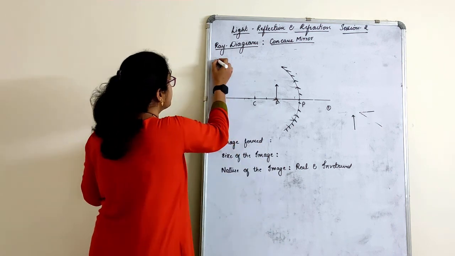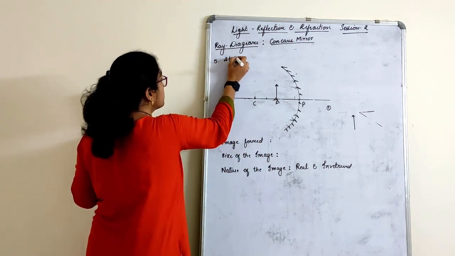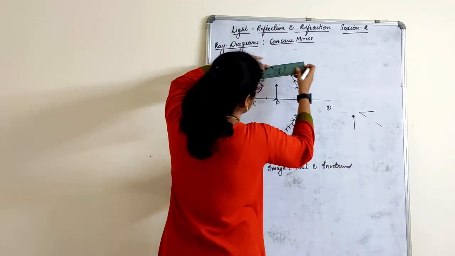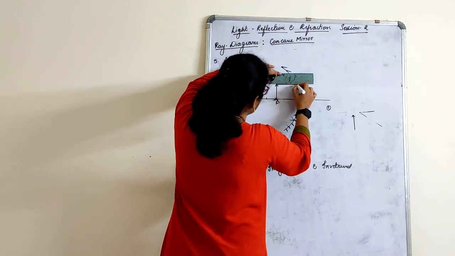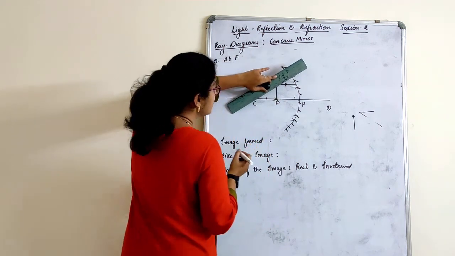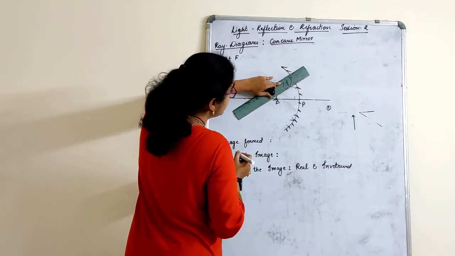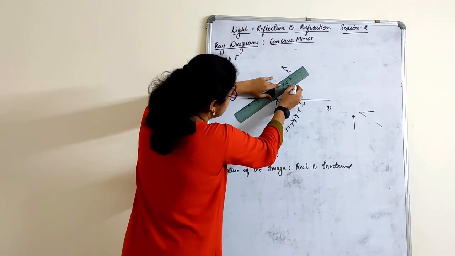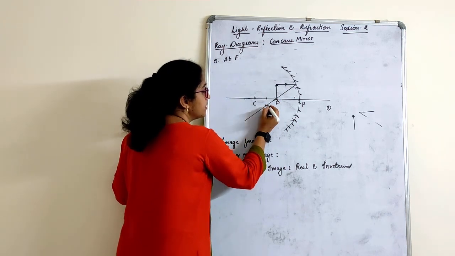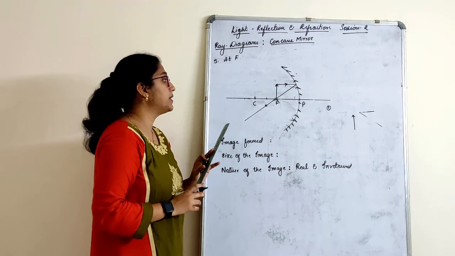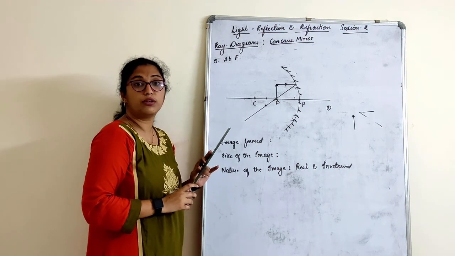Fifth one. At F. So draw an arrow mark. When it is kept at F, the first ray has to pass through F. It passed.